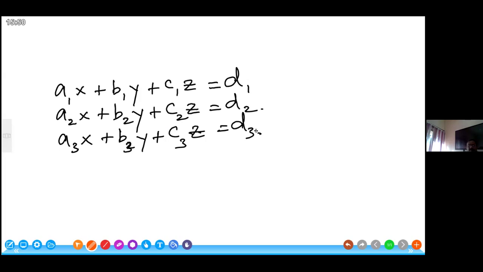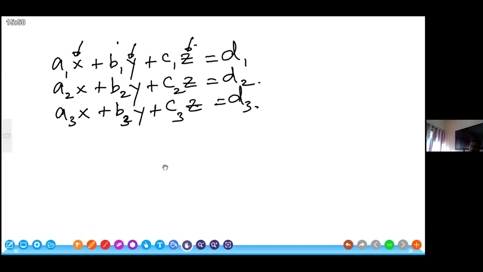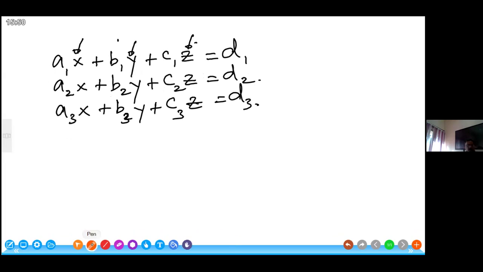These numbers, values. So this is how the equation is. How many unknowns are there? This is one unknown. This is another unknown. This is another unknown. 3 unknowns are there, right? So by using these 3 unknowns, we could write this in a matrix form.